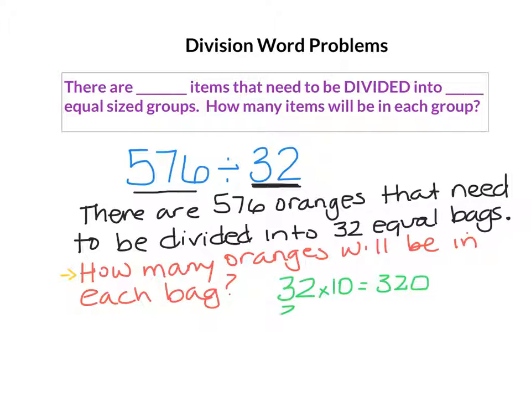And then I'm going to do 32 times 3, which gives me 96. That's pretty close. Let's go 32 times 2 and see what I end up with.